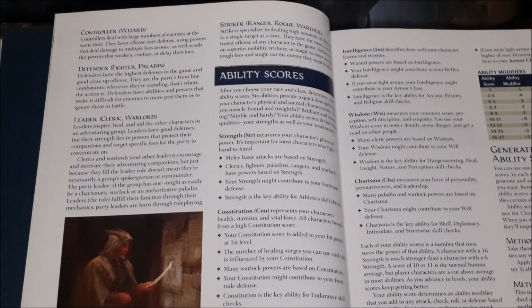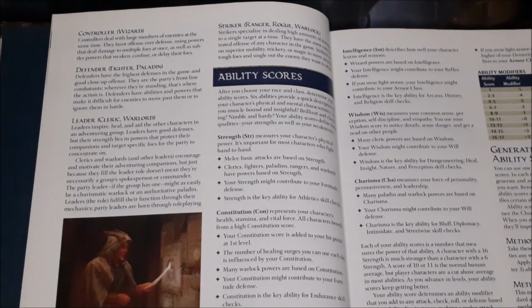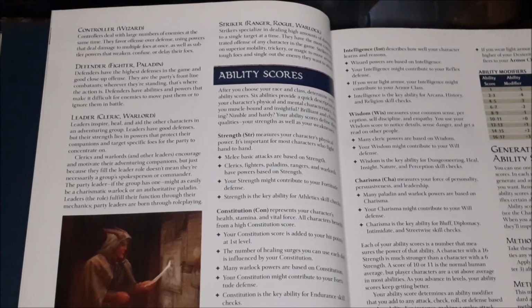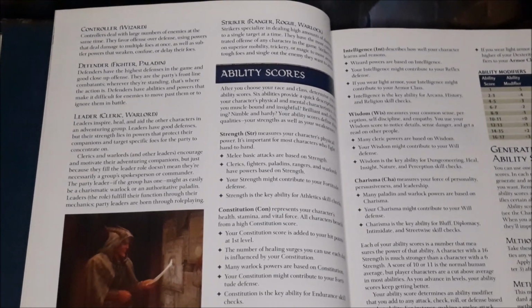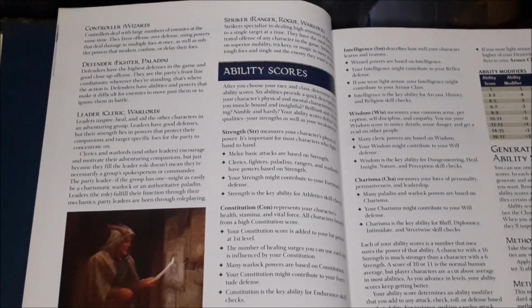Like I said, you can attack large numbers of creatures. You can create effects that can hinder enemy movements or impose penalties on enemies, things along those lines. So it says here that the controller favors offense over defense, using powers that deal damage to multiple foes at once, as well as subtler powers that weaken, confuse, or delay their foes. That one's going to be important because it's going to factor directly into our subject of today's video.